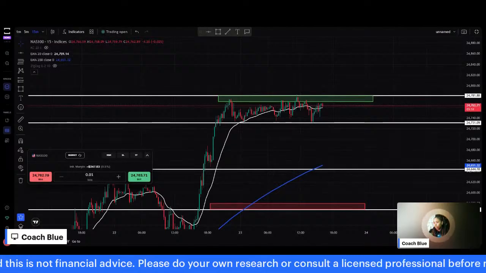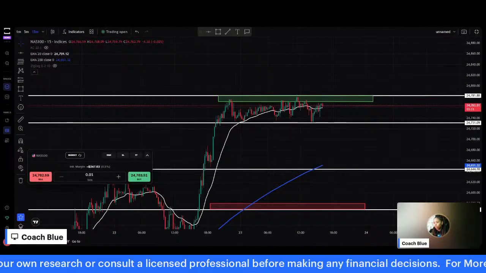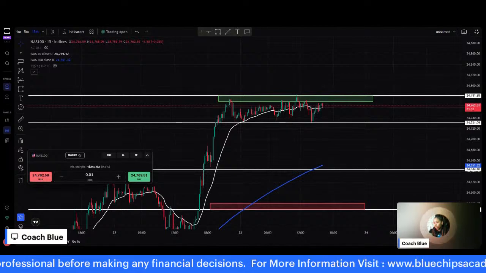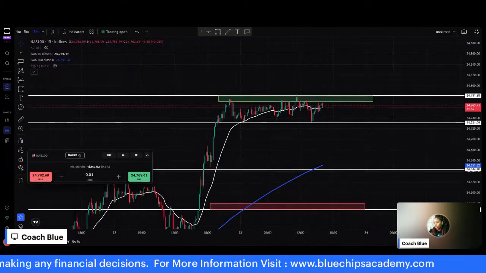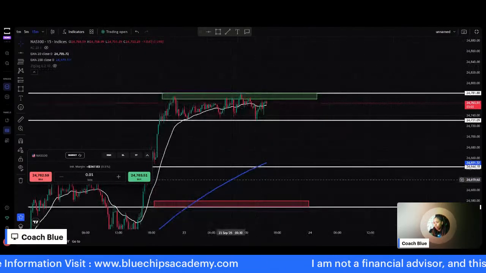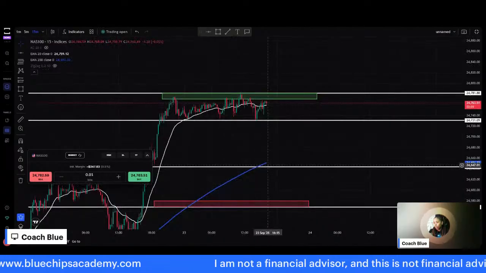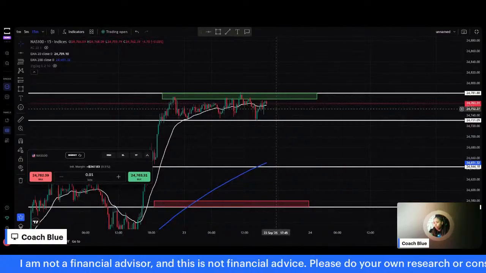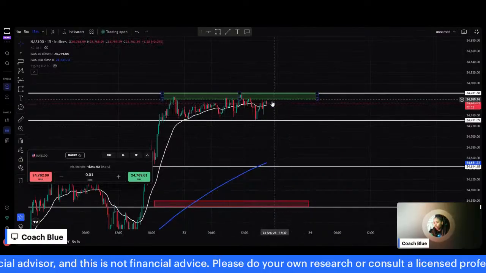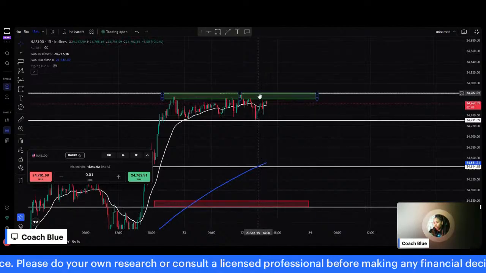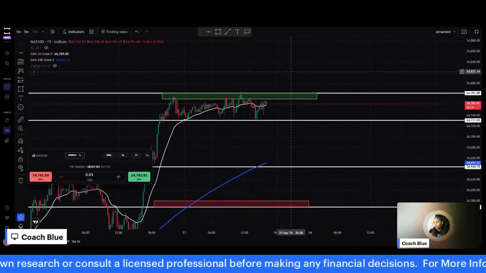If they are the same, our directional bias is a buy: price is moving up, and the 20 is above the 200. So our buy zone is just our next key level, because that's where the momentum of the market is right now.